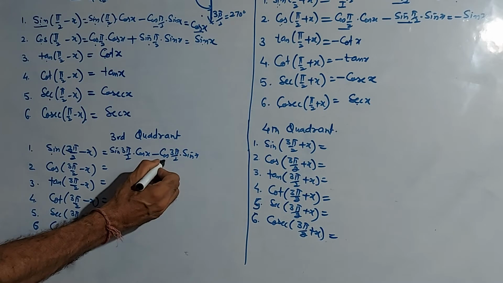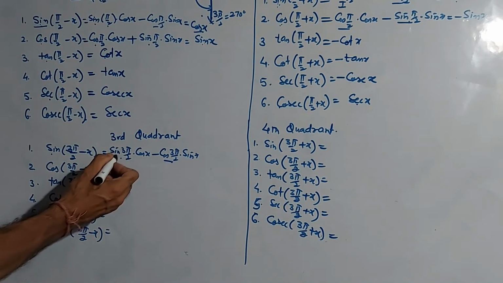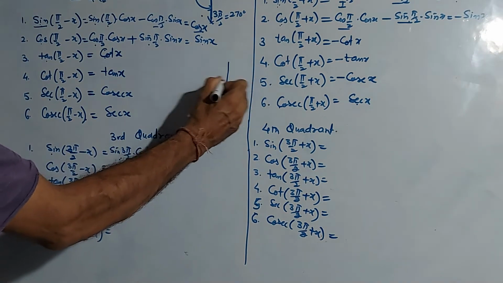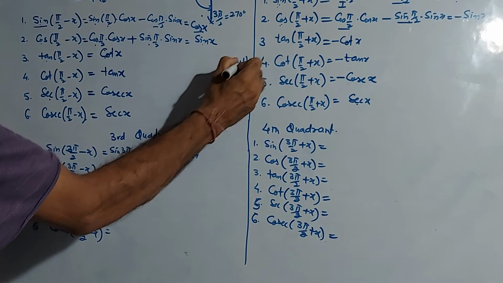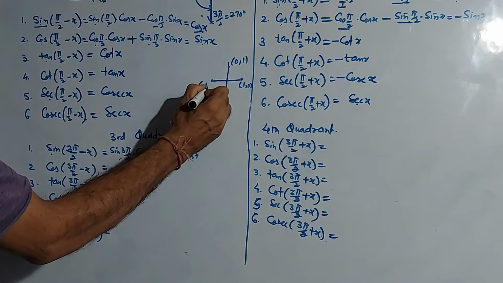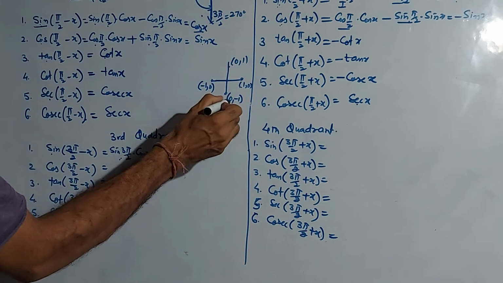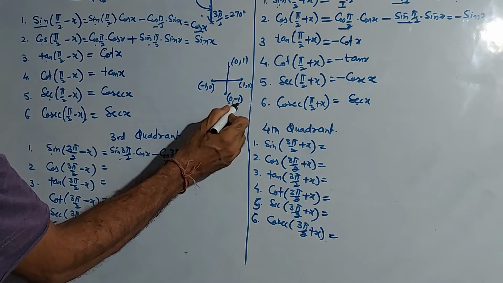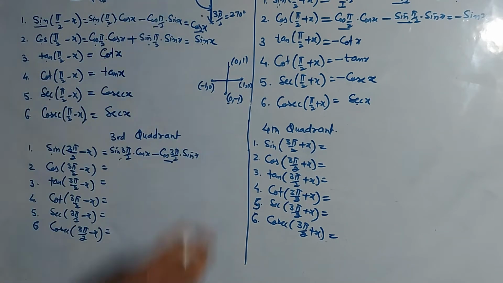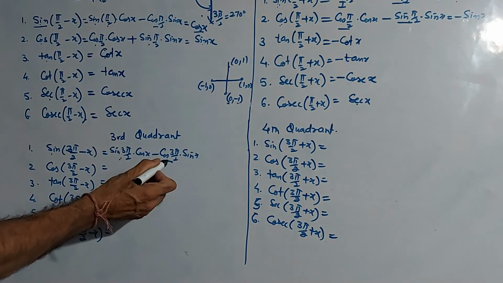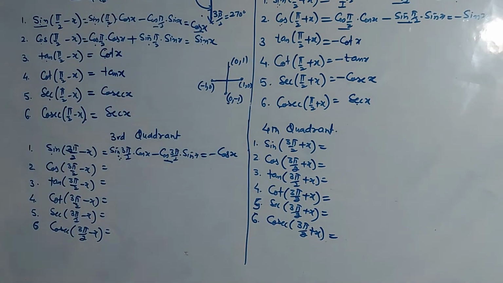In the unit circle, the coordinates are 1 comma 0, 0 comma 1, and we can remember here minus 1 comma 0. Here the coordinates are 0 comma minus 1, meaning sine 270 degrees is minus 1 and cos 270 degrees is 0. So this value is 0, this value is minus 1. The total value is minus cos x.